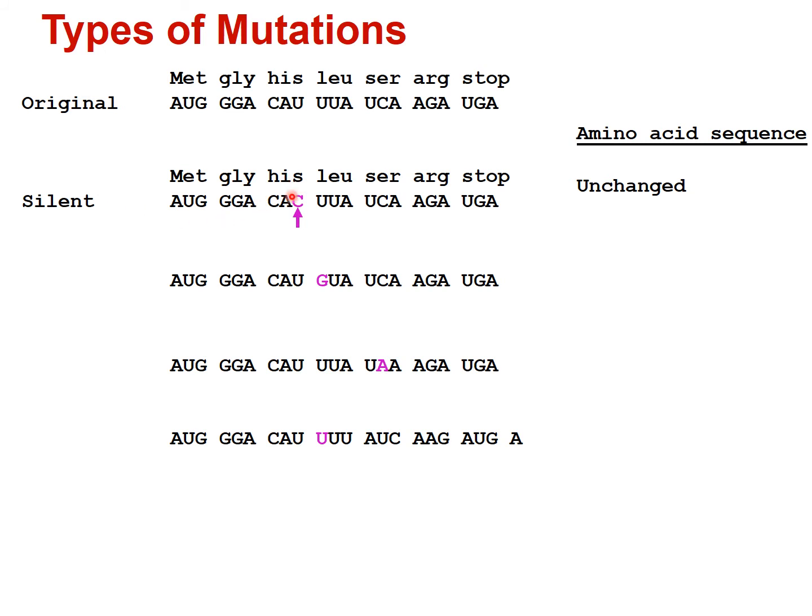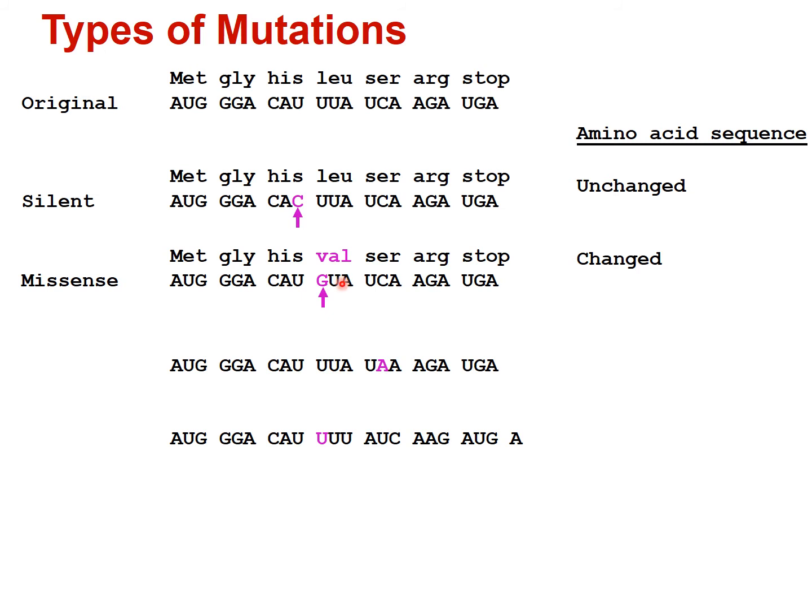The amino acid is not changed. This is also, again, at the third position of the codon. Here, this U is getting mutated to a G. Now, all of a sudden, this codon that codes for leucine now codes for valine, so a different amino acid gets incorporated into this protein.